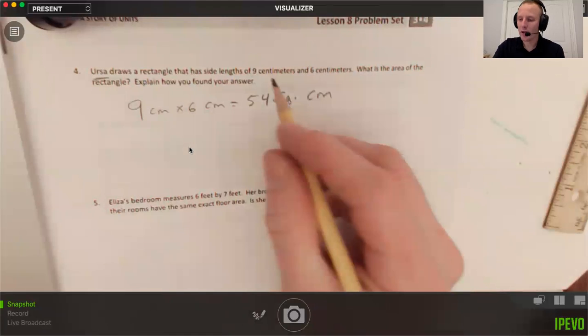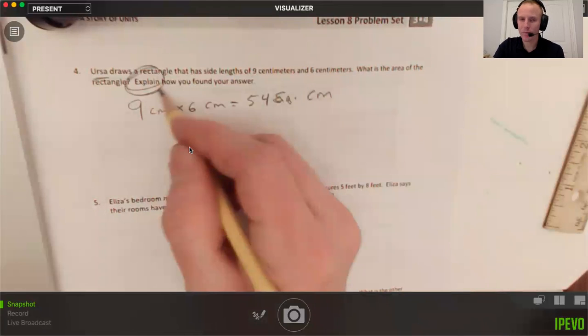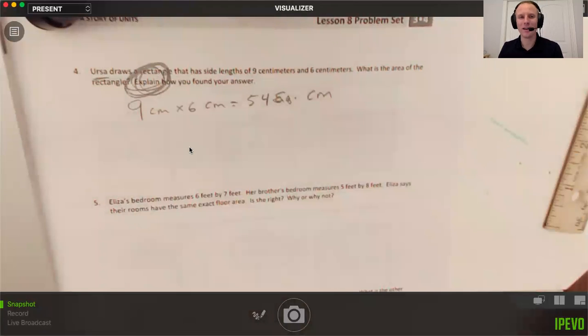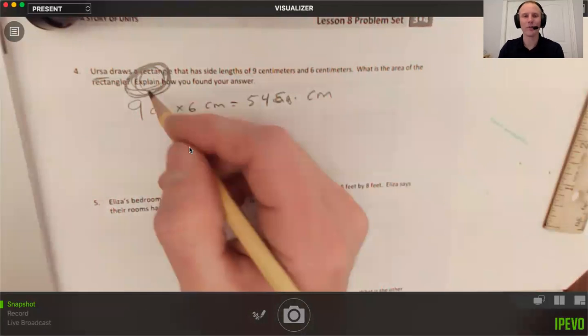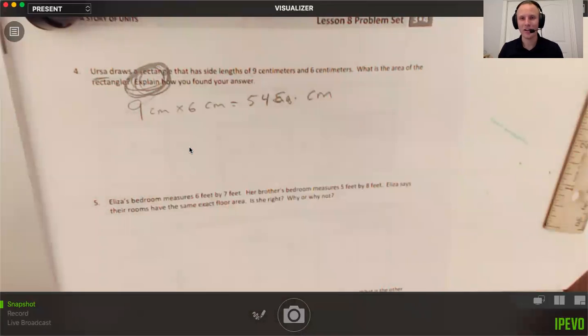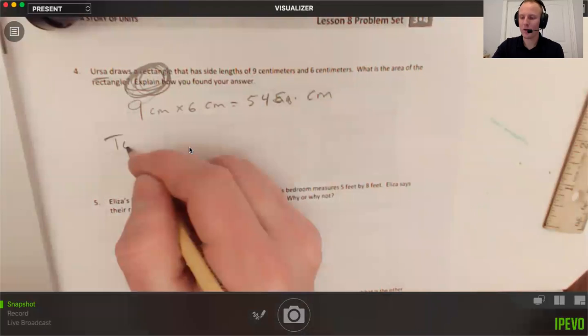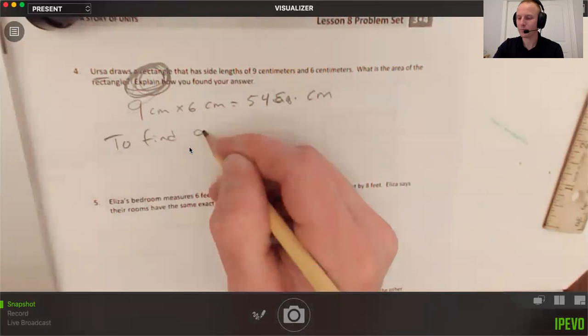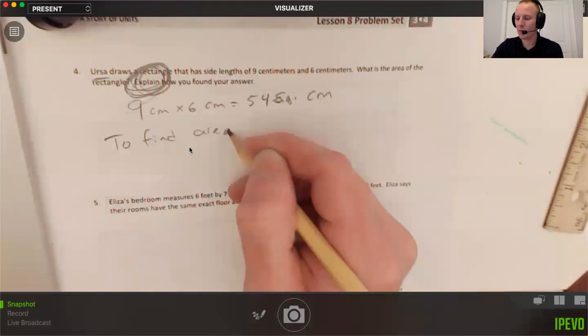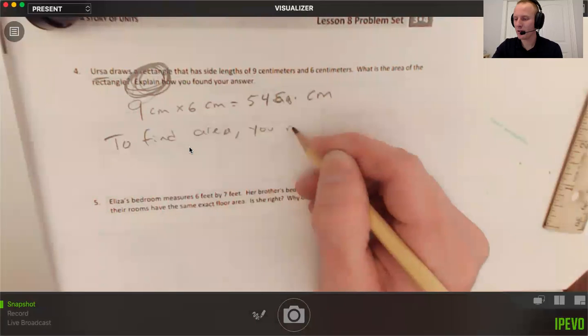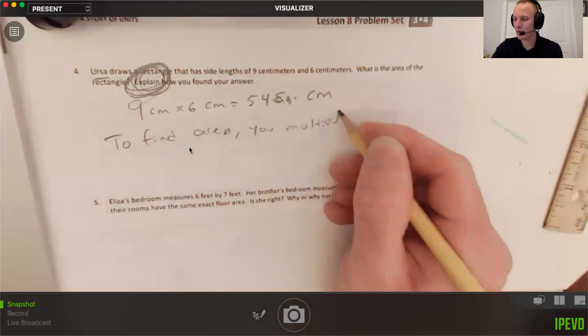And then you need to explain how you found your answer. Sorry, I got a little aggressive with the circling, but that's been a struggle for our class this year, right? Explain means use words. To find area, you multiply 2 side lengths.